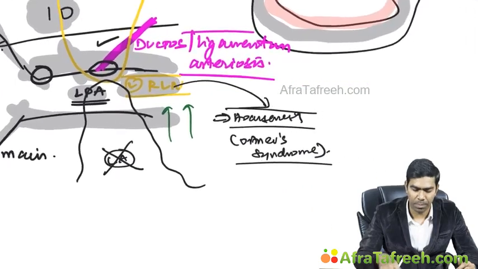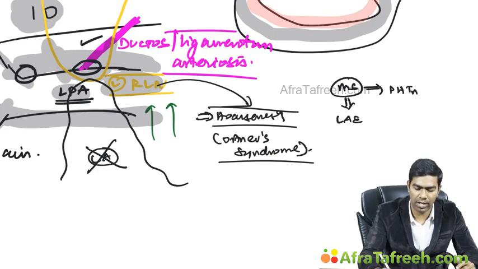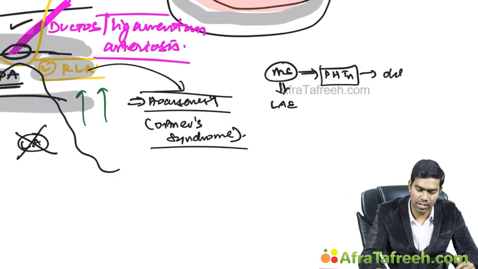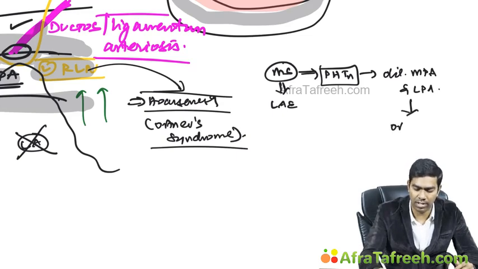Clear? Because in MS there are 2 things happening. One is left atrial enlargement. At the same time, because of backflow, you get pulmonary hypertension also. This pulmonary hypertension leads to dilation of the main pulmonary artery and the left and right pulmonary arteries, and this is thought to be the reason for Ortner syndrome. This is the latest concept, and not the atrial one.